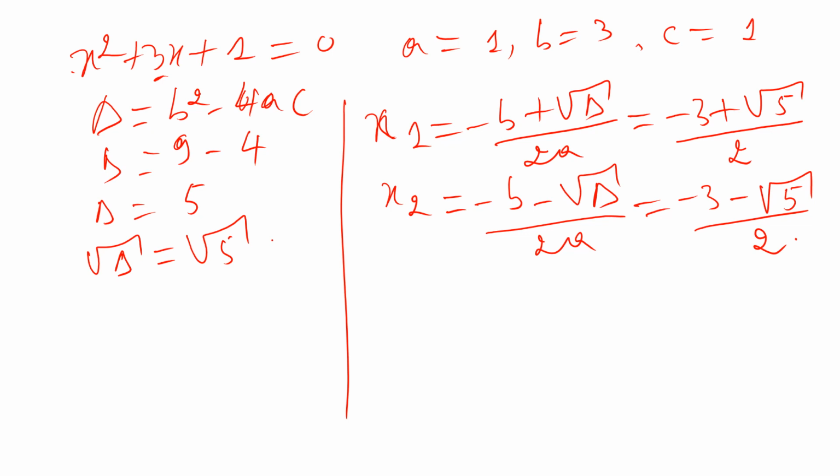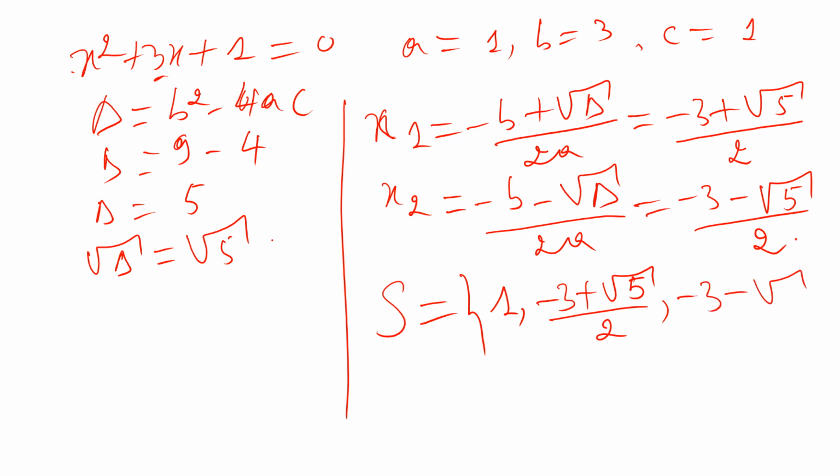Now we need to write our solution. Solution set. Now we have those two values, and the other one value that you have got, it is 1, negative 3 plus root 5 over 2, and negative 3 minus square root of 5 over 2. Now this is our solution.